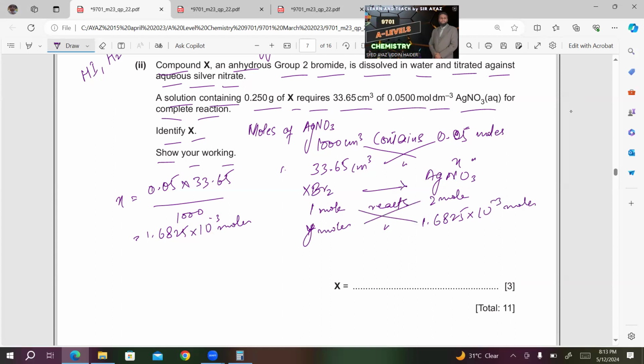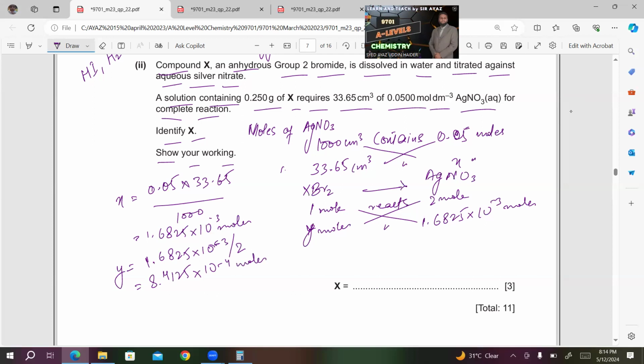Do the cross, so we'll get Y is equal to 1.6825 into 10 to the power minus 3 divided by 2. So it must be 8.4125 into 10 to the power minus 4 moles of Y.